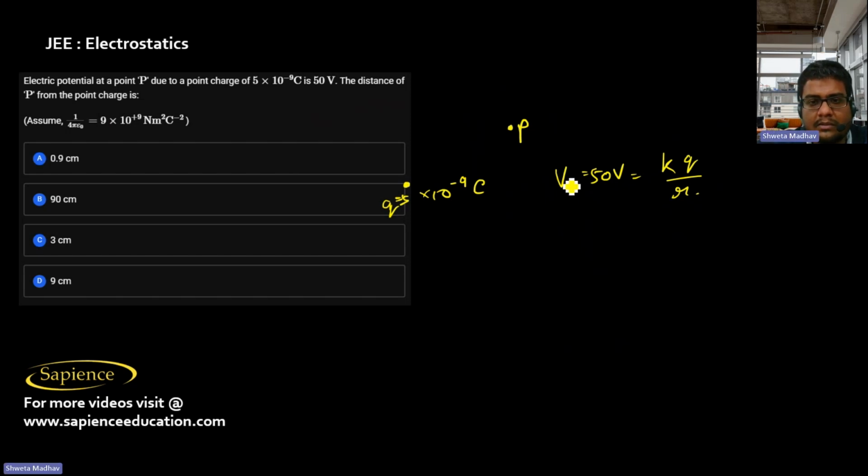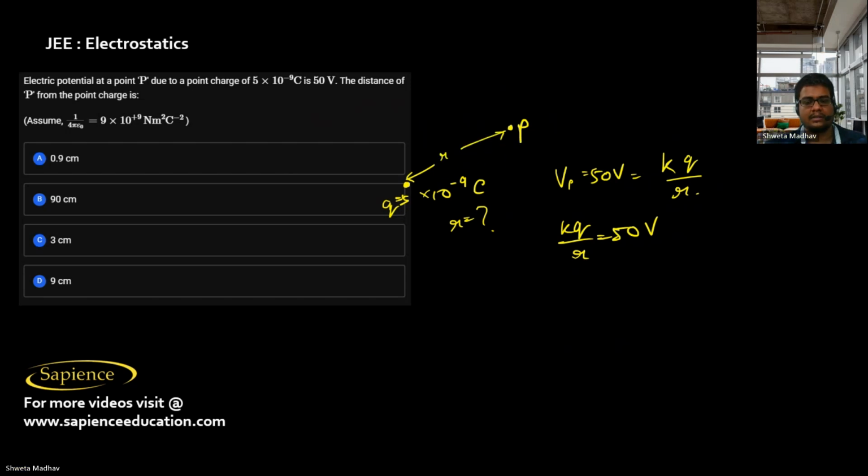As you know, electric potential due to a point charge is given as kq by R. So this kq by R value is equal to 50 volts. Then we have to find R, where R is the distance of the point P from this point charge.